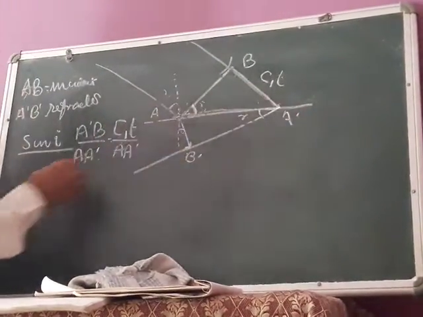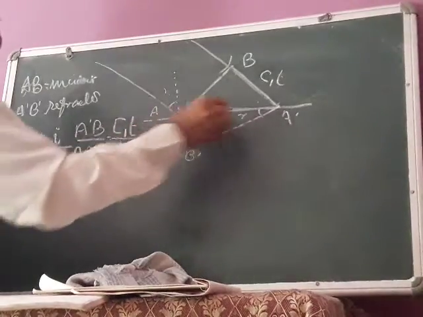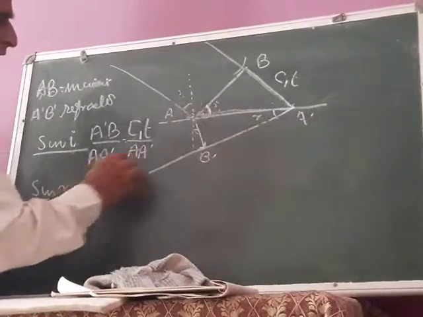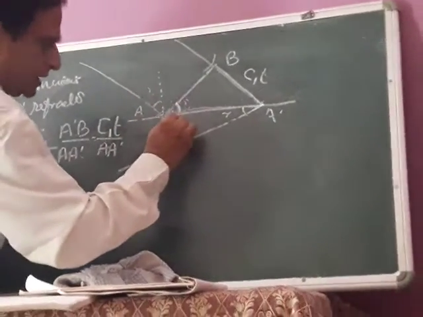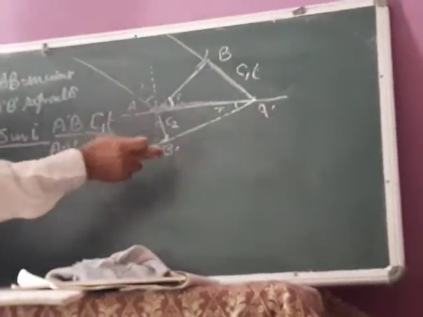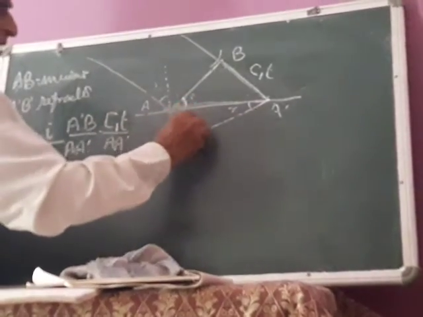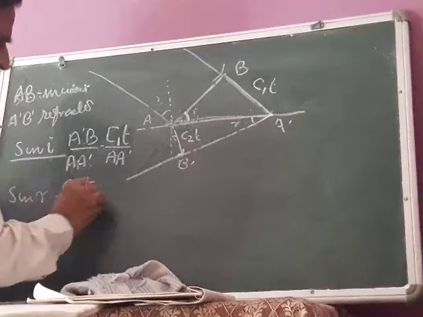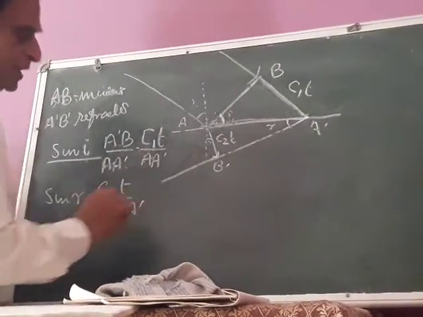In this angle, sine r will be this. This is c2, the velocity of light in the medium, into the time taken, this length. So sine r is c2 t upon A dash B dash.